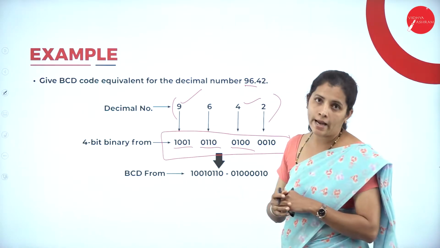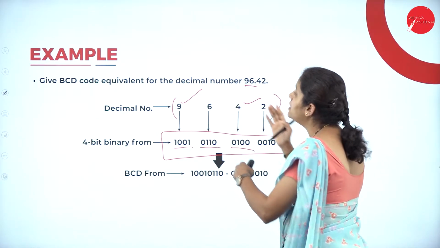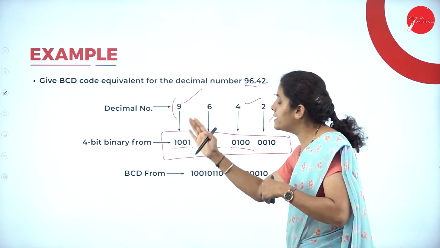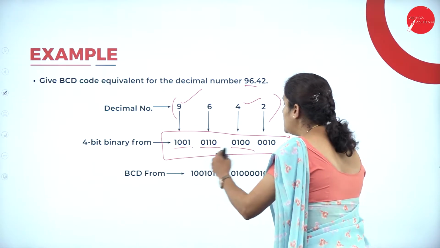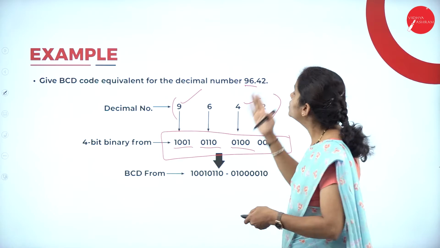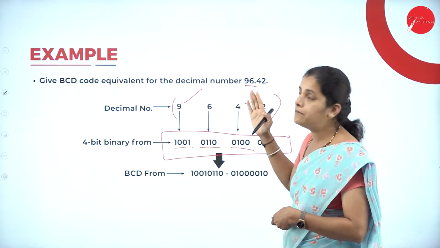First, I'm going to write the binary equivalent of the given decimal number, and I'm going to convert that binary number into BCD form. That means at the end, I'm going to club all the values together. So this is the example for decimal to BCD conversion.